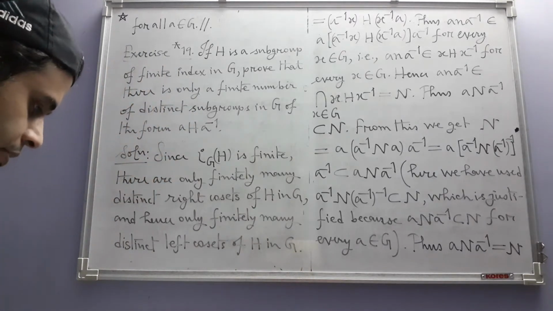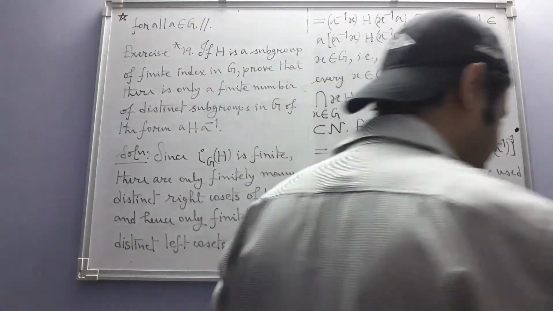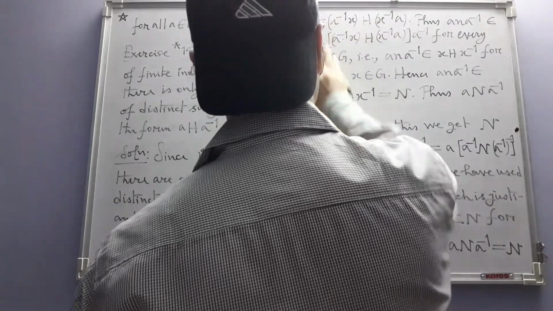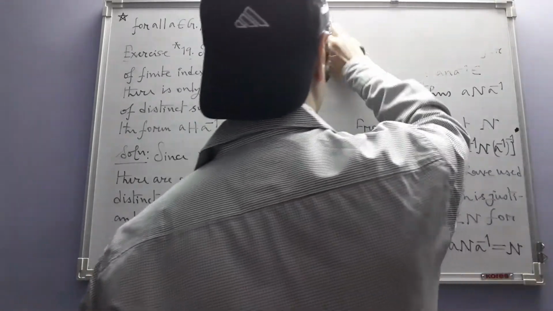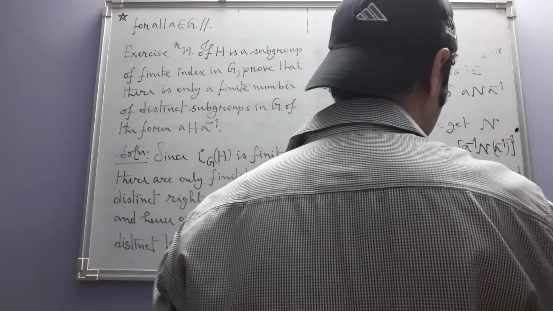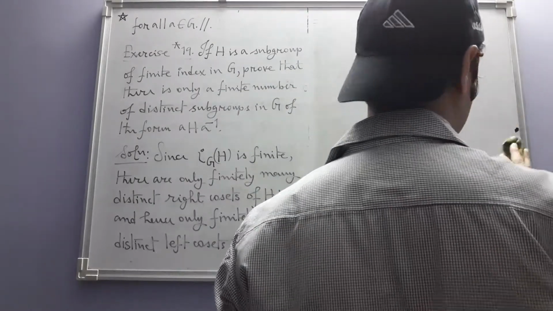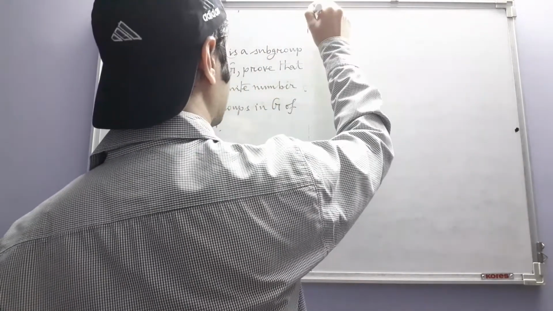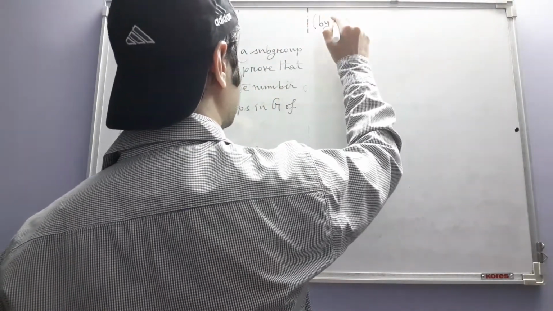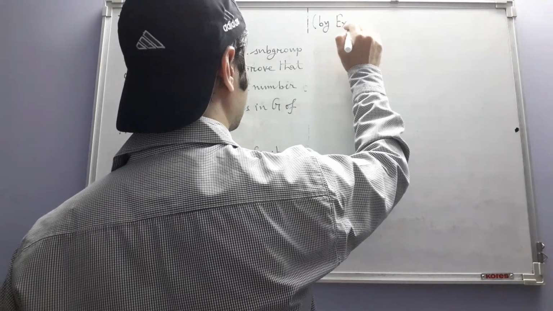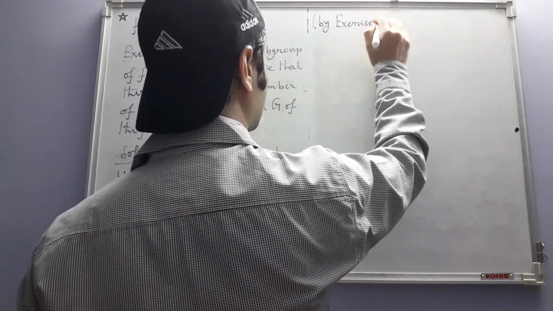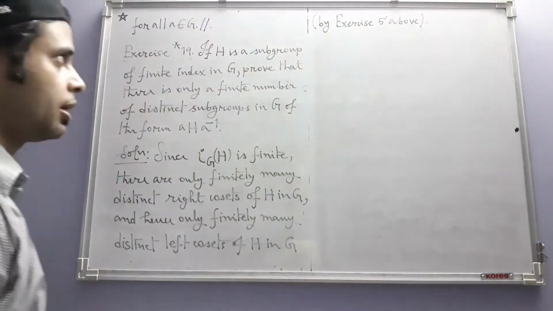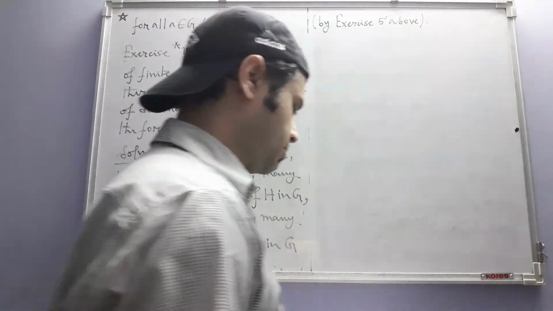Because of that exercise 5, where we have proved that there is a one-to-one correspondence between the set of left cosets and the set of right cosets, by exercise 5 above.